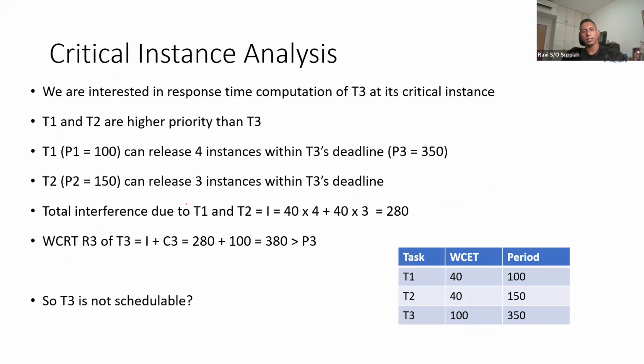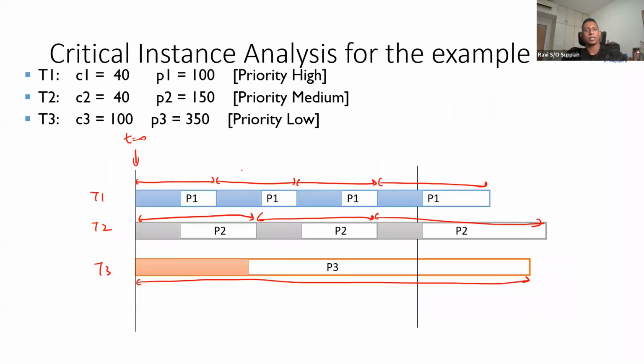What we look at is the timing deadline of the various tasks. We know that the deadline for task 3 is 350. What we want to do is see whether task 3 can actually complete within this time.